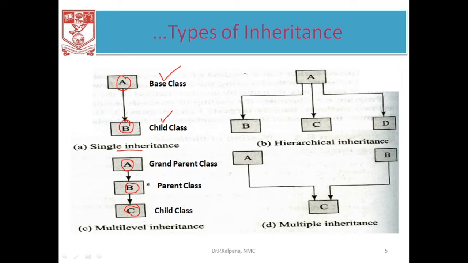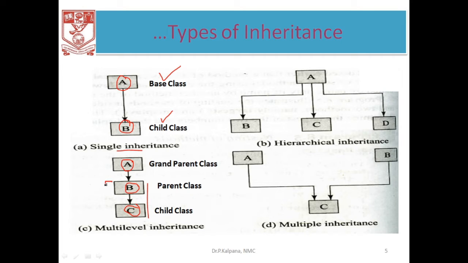Look at this second part of the diagram. In this diagram, the arrow from B to C means class C is derived from B, whereas B is already a derived class. This concept is called multi-level inheritance.